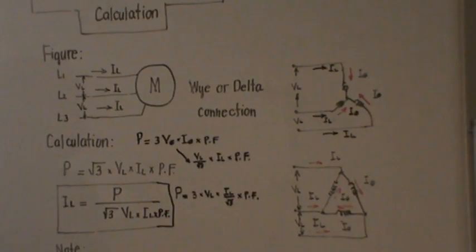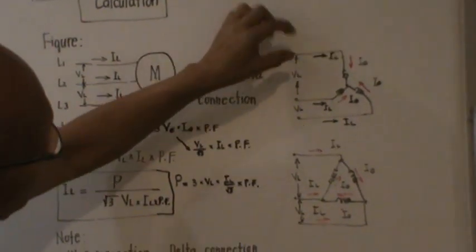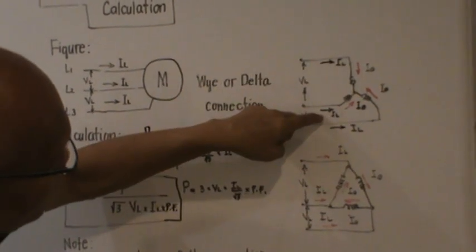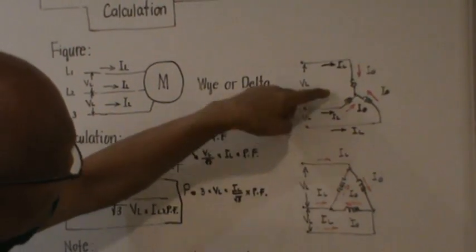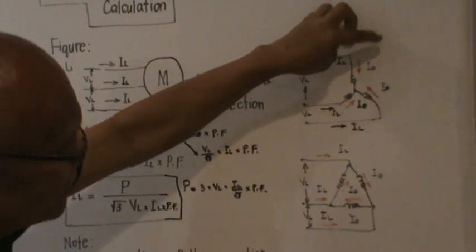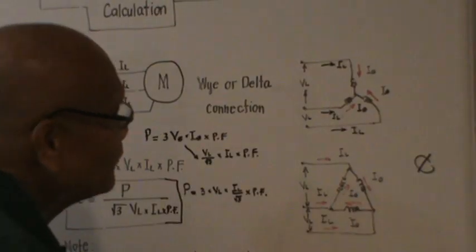If we try to place the designation of the parameters, this is IL1, IL2, IL3. Phase number 1, I place it as I with a zero, meaning phase.